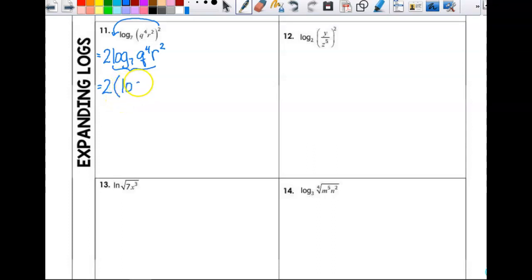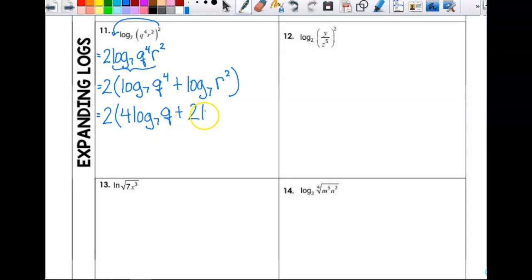This will be log base 7 of q to the 4th plus log base 7 of r squared. Bring my exponents down, so I get 2 times 4 times log base 7 of q plus 2 times log base 7 of r.